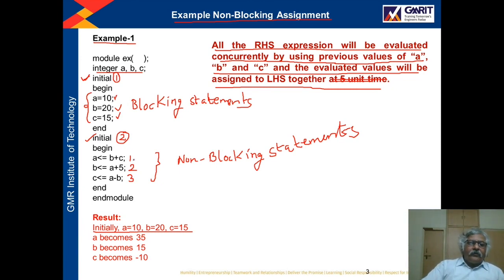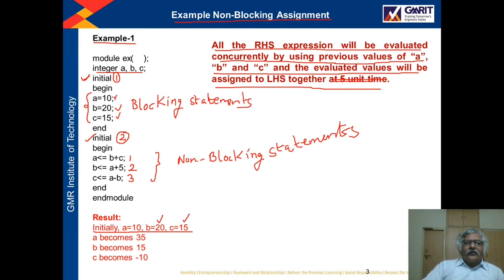So due to statement 1, B plus C will be evaluated. The current value of B is 20 and the current value of C is 15. So 20 plus 15 is 35.